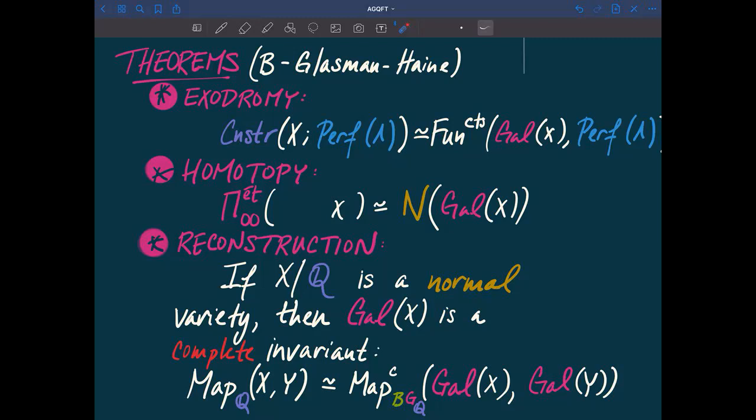For example, let's say you want to describe the homology groups of a number field, let's say a totally imaginary number field. What you're going to find is that the second homology is exactly the units, and the first homology is exactly the class group.